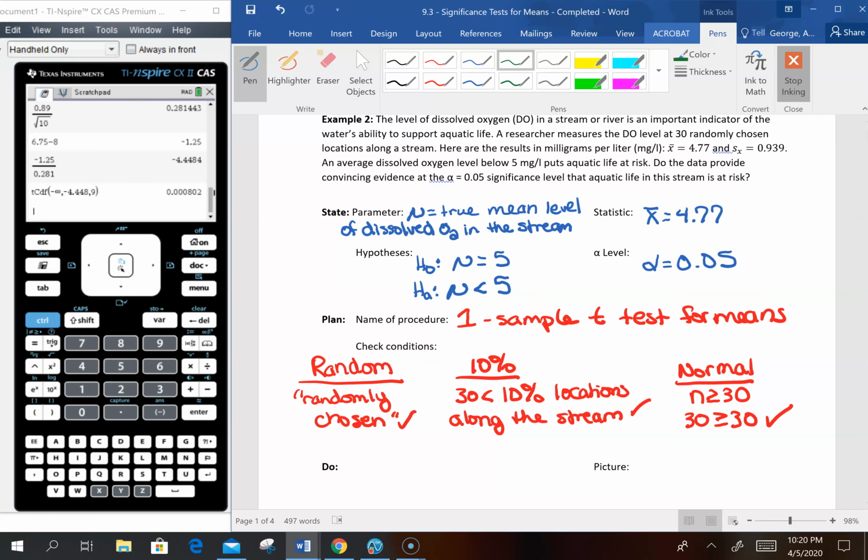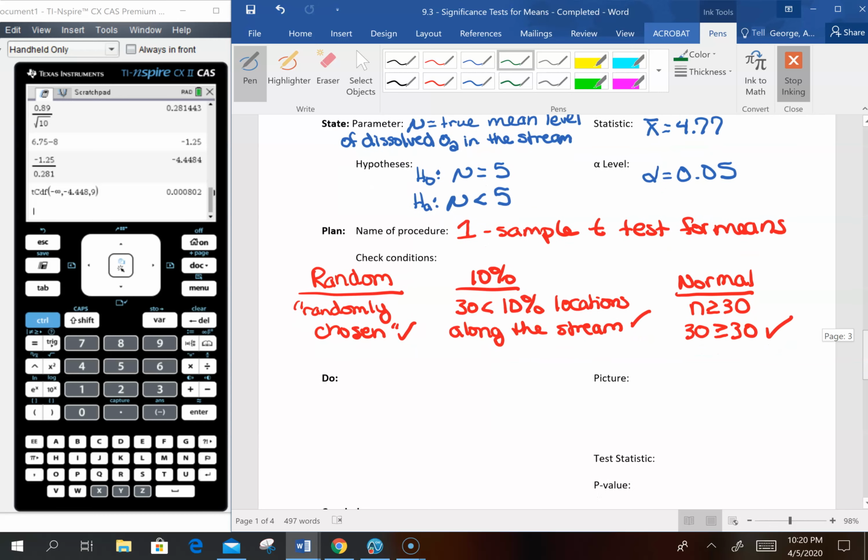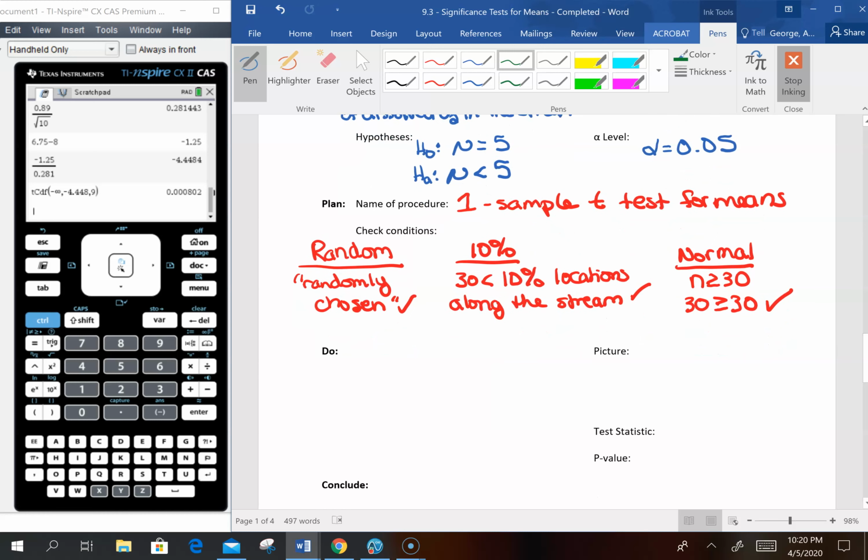All right, so jumping down to the do. So our formula is our test statistic equals our stat minus our null over our standard error. All right, so our test statistic is t, and it's X bar minus our mu over Sx divided by the square root of n.